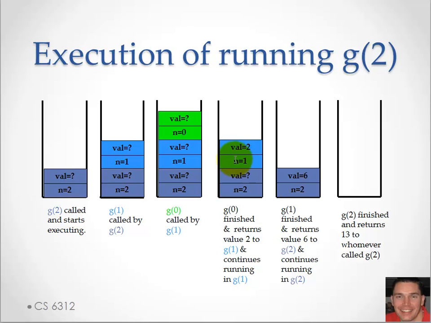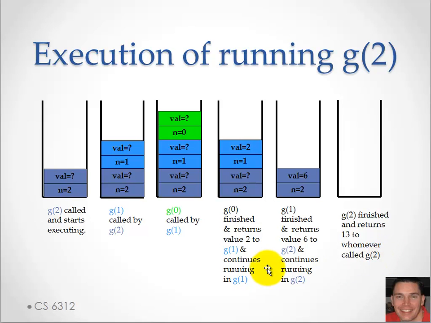It returns, and when it returns, it pops its local variables off the stack. Now we're back to the invocation of g(2). G(2) can then say return val, which now has the value 6 because that's what was returned when g(1) was called. It can do the calculation, and it then returns 13 to whomever called g(2).